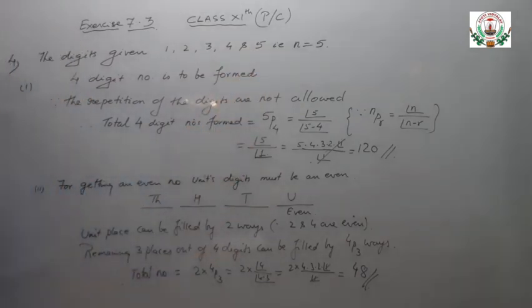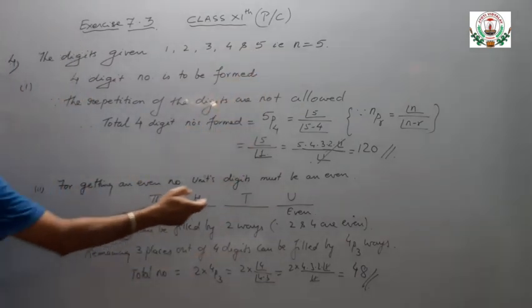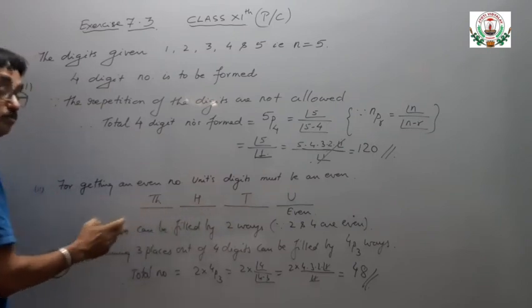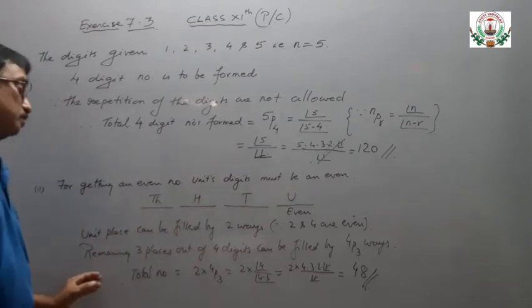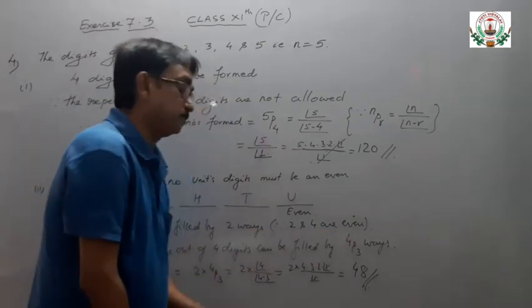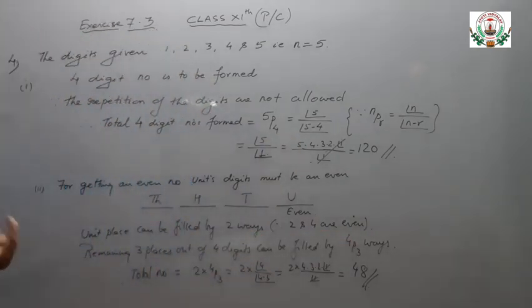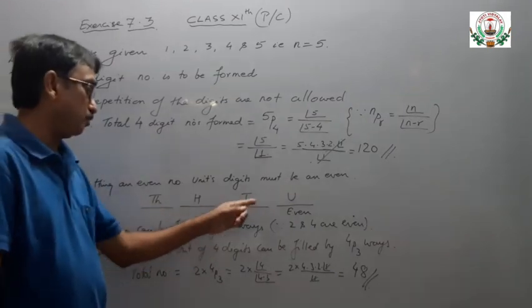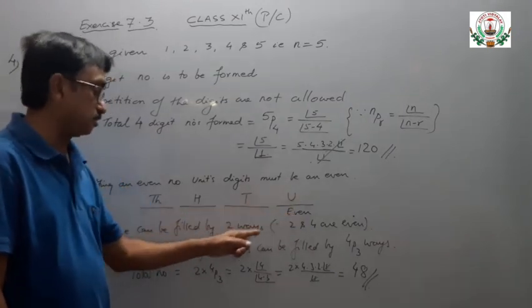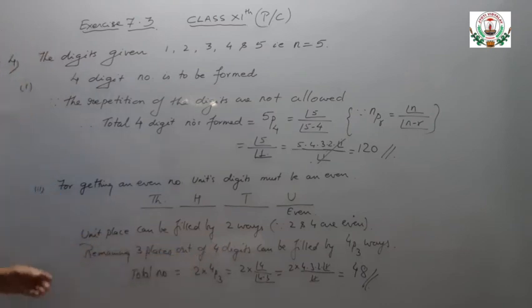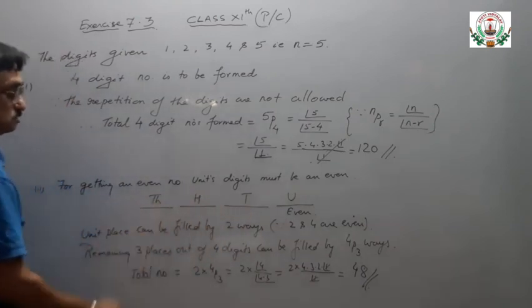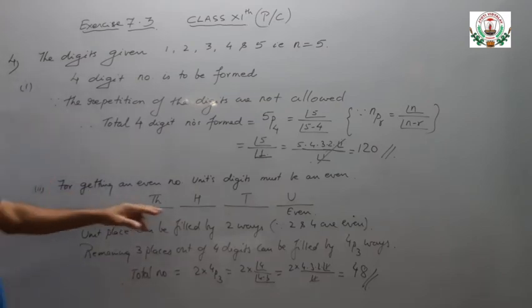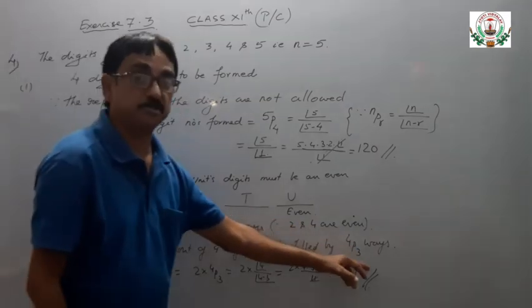Out of these 4, I have to fill the tens, hundreds and thousands places, that is 3 places. So the number of ways is 2, then 4, 3, 3. By the fundamental principle, the first work, filling the unit place with an even number, is done in 2 ways, and the remaining 3 places, tens, hundreds and thousands, are filled in 4P3 ways.